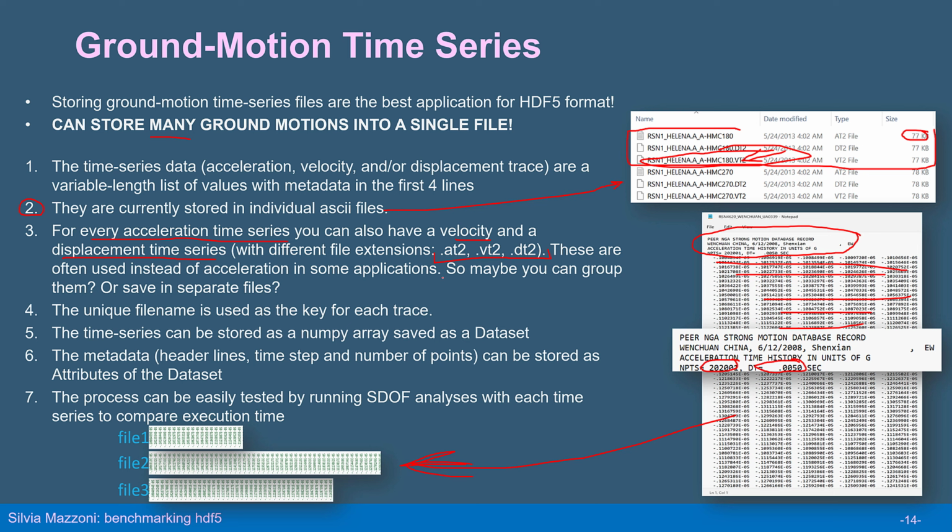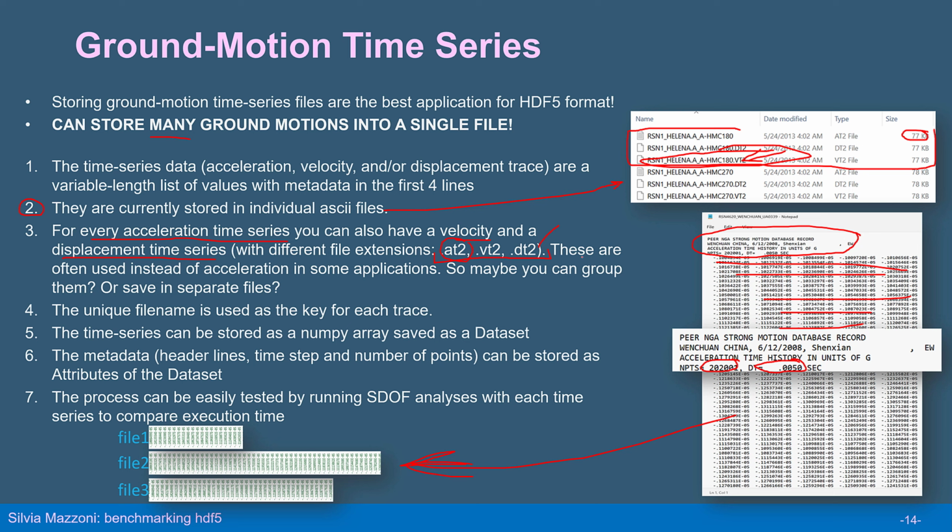Some applications only need the AT2. Some people like to have all three. There's actually another format now that I've developed that has 4 columns: time, acceleration, velocity, and displacement in one table. It's extra data, but some people like to have that already processed. So now I have 3 or 4 times the number of files that I had before.